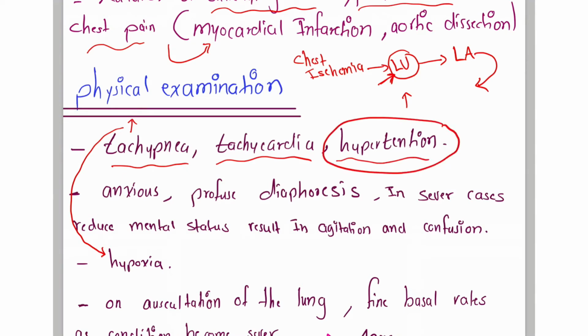Hypertension occur because of hyperadrenergic states، يعني patient with pulmonary edema يصير عندهم increase بالكاتيكولامين release، والكاتيكولامين يسوونه vasoconstriction، لذلك يصير عندنا hypertension. هم يصير عندهم pale skin بسبب vasoconstriction occur in the vessels of the skin. In severe cases the patient may have reduced mental status that result in agitation and confusion.